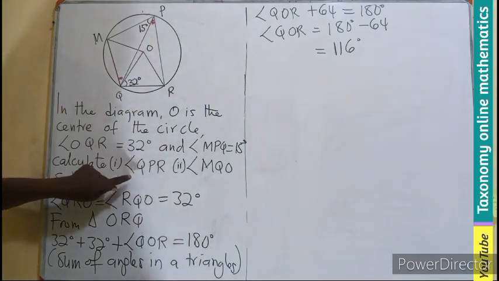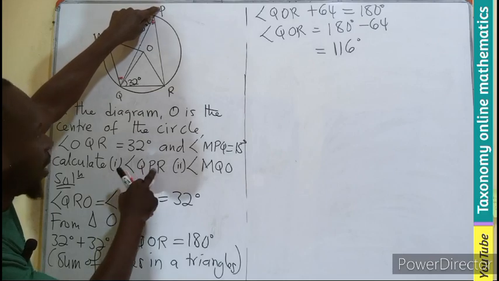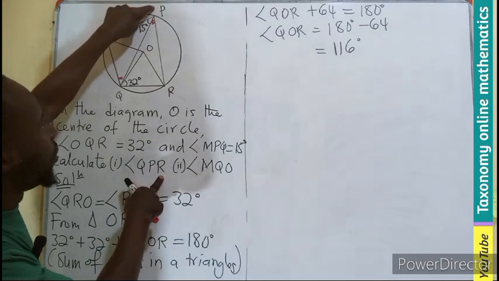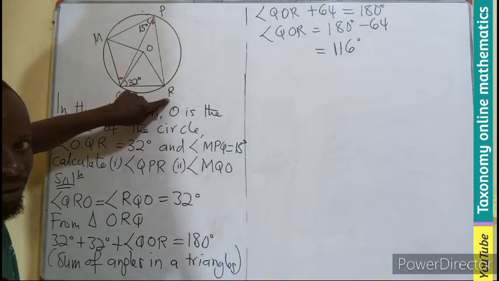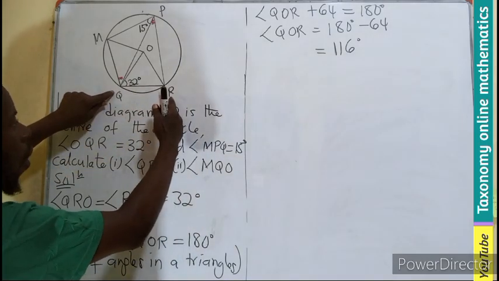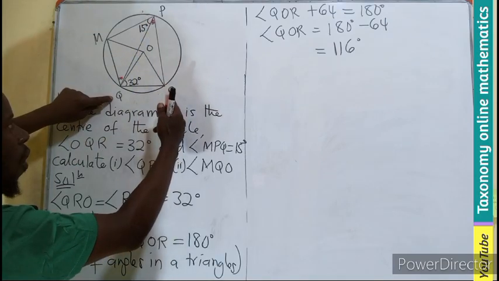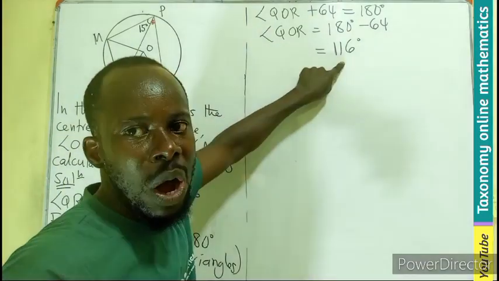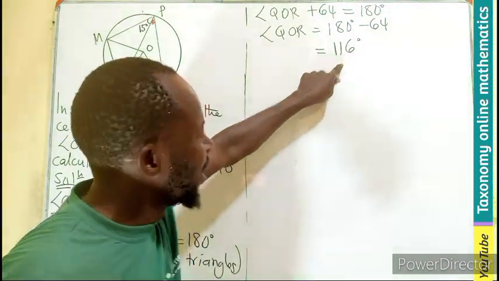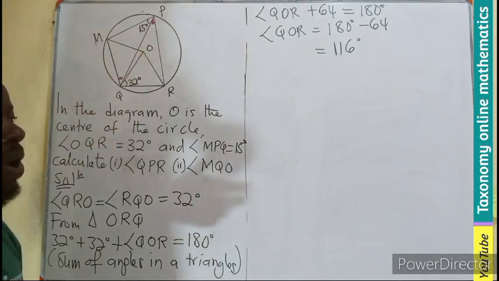Right? But we are asked to find QPR. That angle is subtended by QR. This is the chord that subtends the angle we are looking for. It is the same chord that subtends the angle at the center, which we found as 116. So the property we are saying is that the angle at the center is twice the one at the circumference.